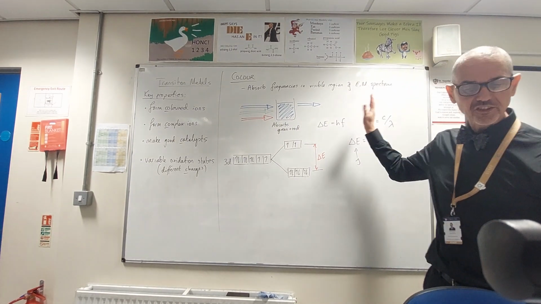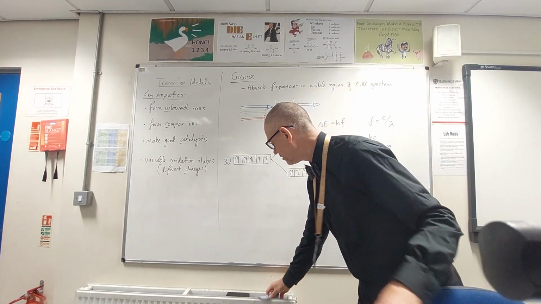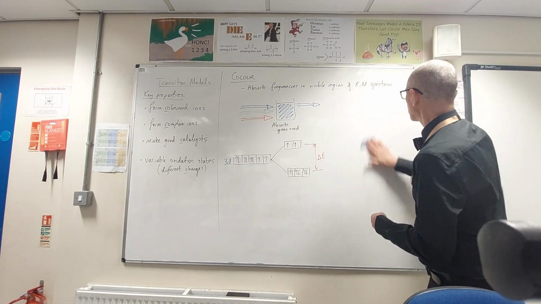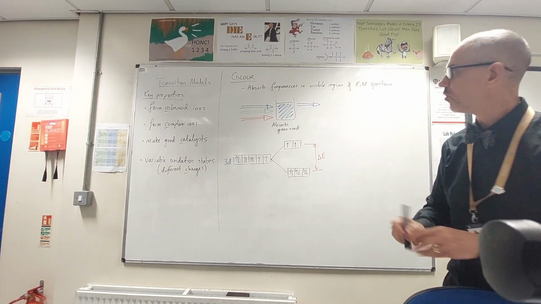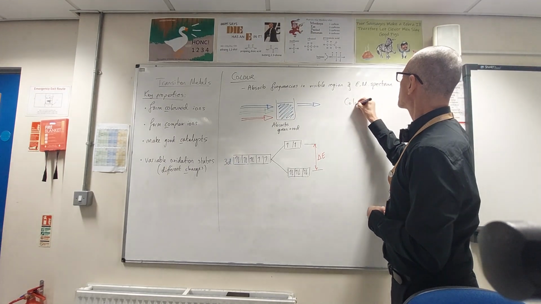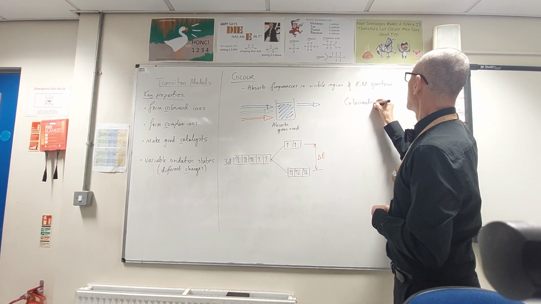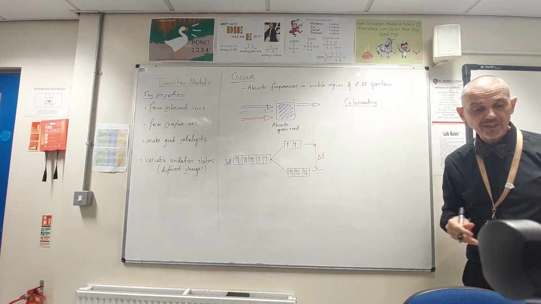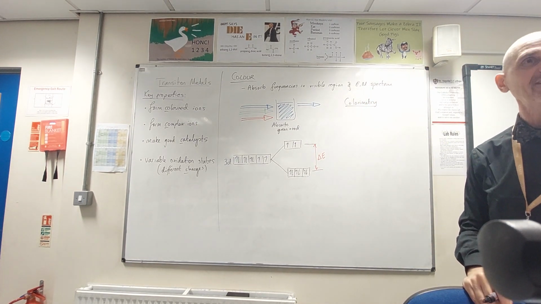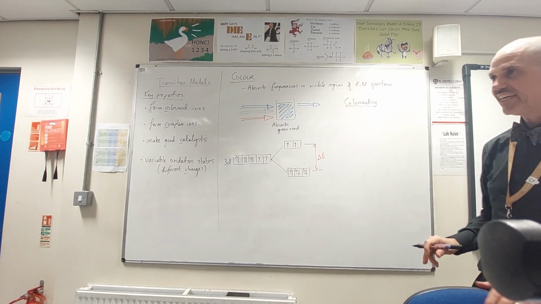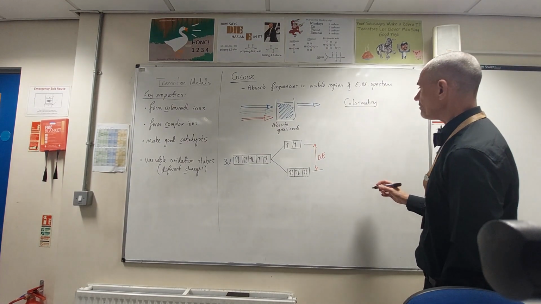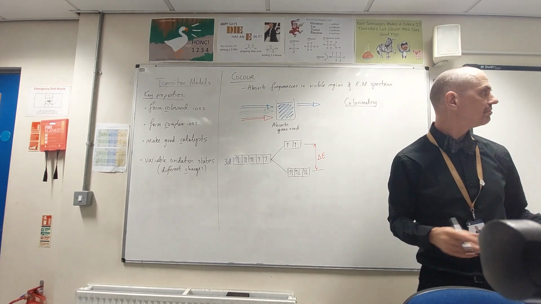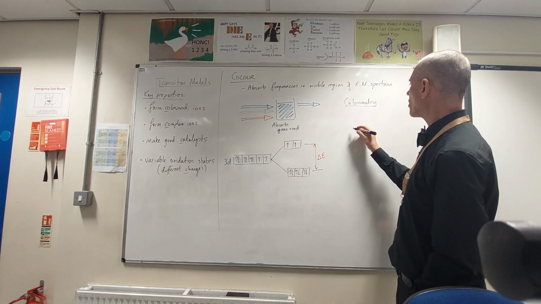Okay, so we can use all of this to test for concentration in a process called colorimetry, not to be confused with calorimetry, which is measuring heat. Colorimetry works with a little box.